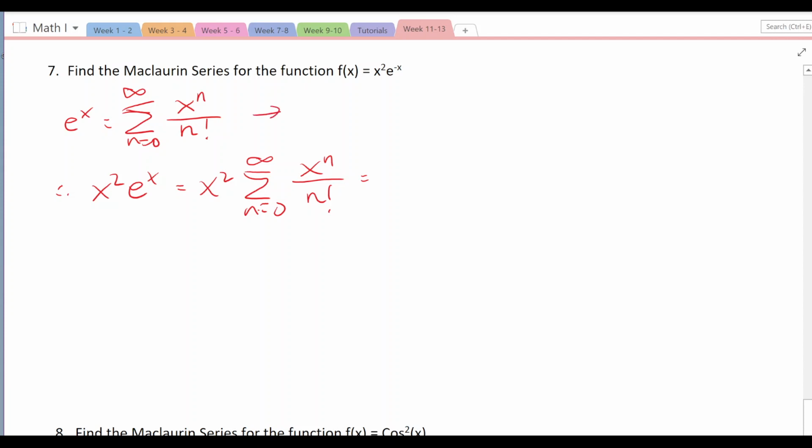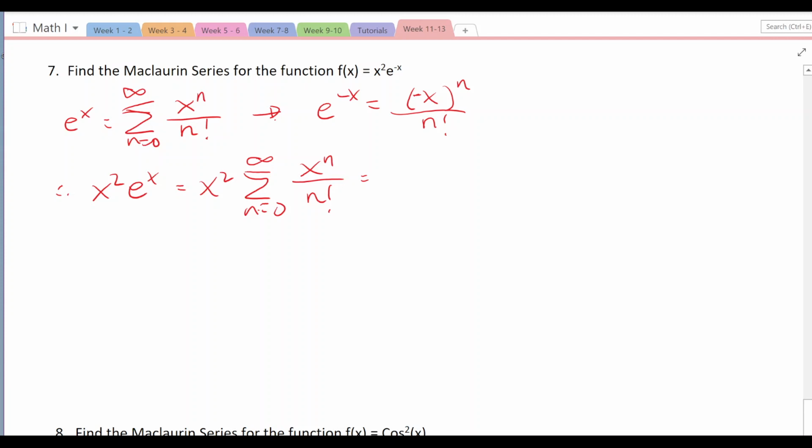Okay, so in here e to the negative x is simply, we just replace x with negative x, so we get negative x to the power of n over n factorial.